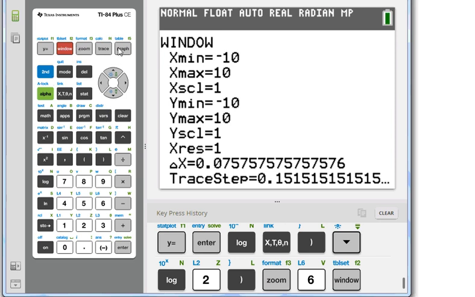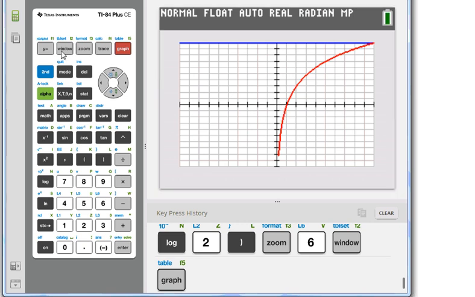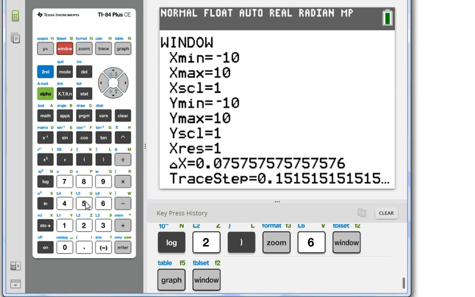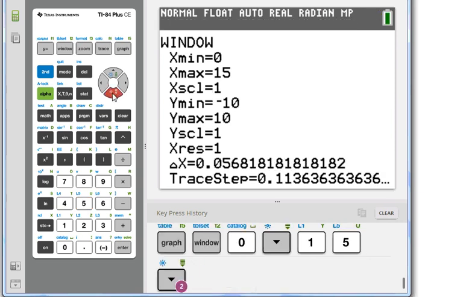One thing you notice on the graph is that in a true logarithmic function, our domain is going to be greater than 0. So usually we're going to be working on the right side of the y-axis. So x minimum I'm going to put as 0, x maximum at 15. y minimum I guess I'll put at 0, and then y maximum at 15.